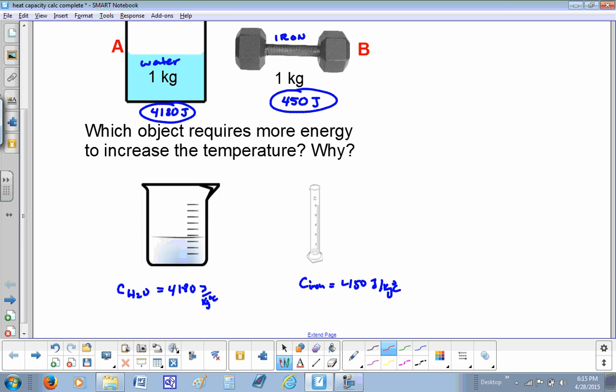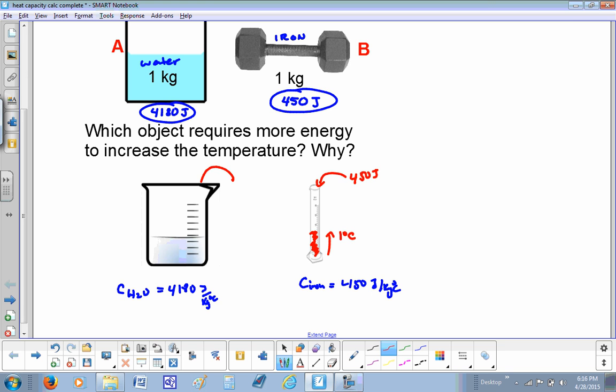Well, let's give each of these containers, and these containers represent the heat capacity, a certain amount of energy. So let's give each of them 450 joules of energy. Now remember, these are containers that are representing the heat capacity of iron and water. So if we add the 450 joules in here, very quickly, the temperature is going to go up by 1 degree Celsius.